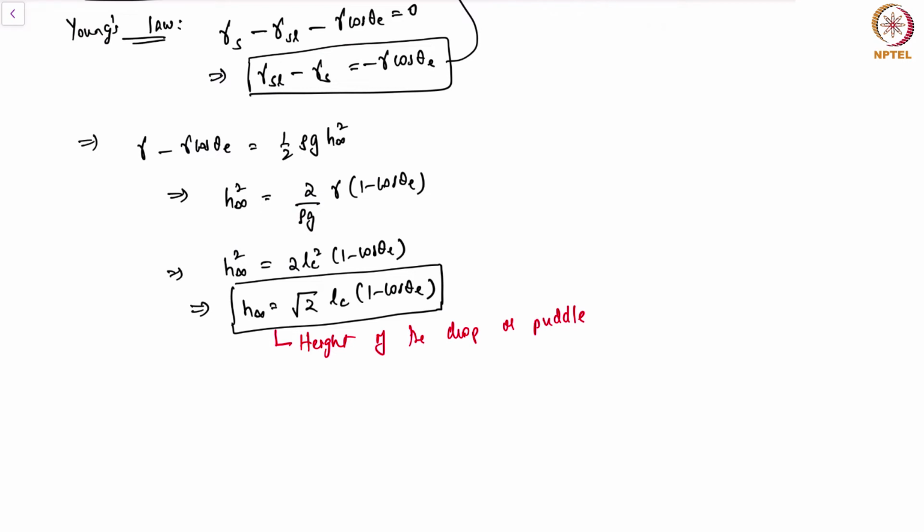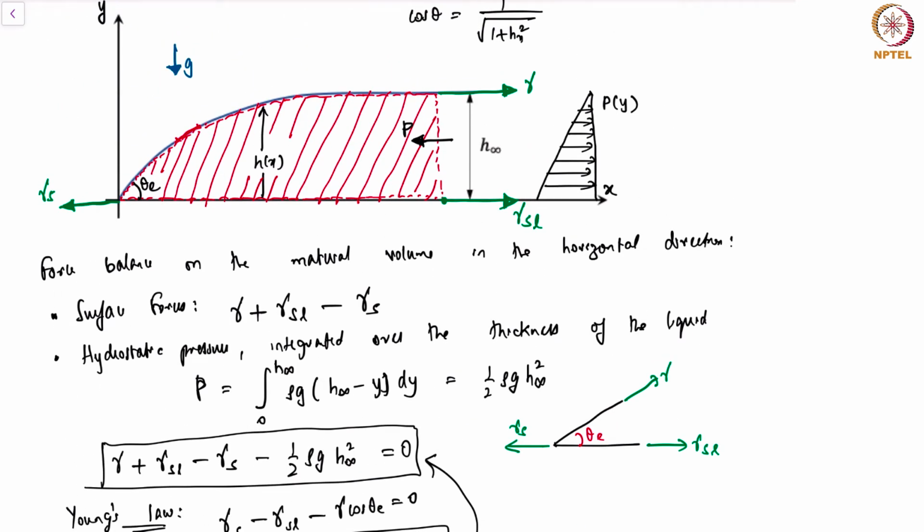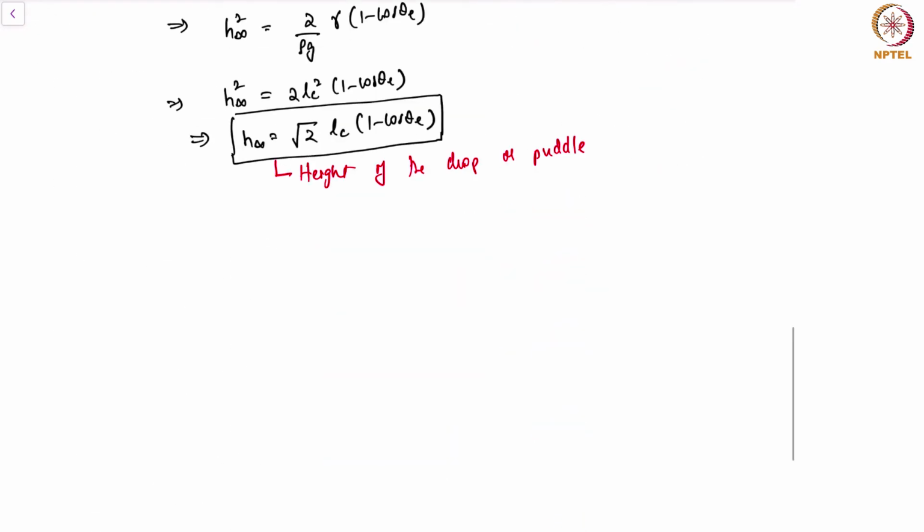Now note that we have basically done this analysis only for a large puddle where my control volume is very large. If on the other hand my control volume was small, if I were to take a smaller control volume, then I have an analysis near the contact line. The idea is the same.